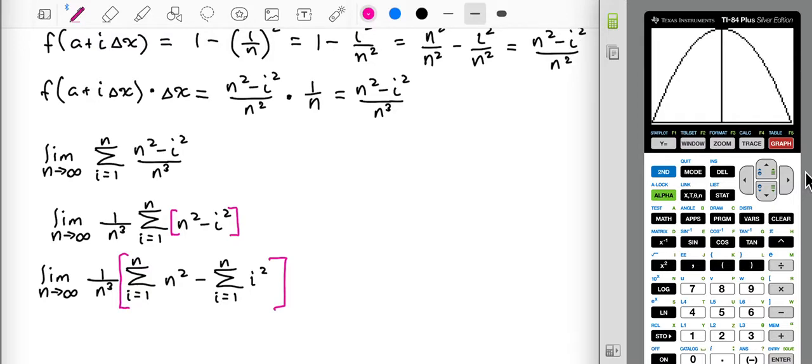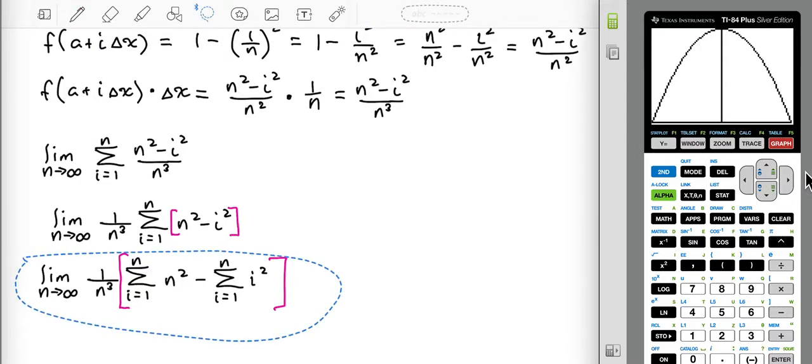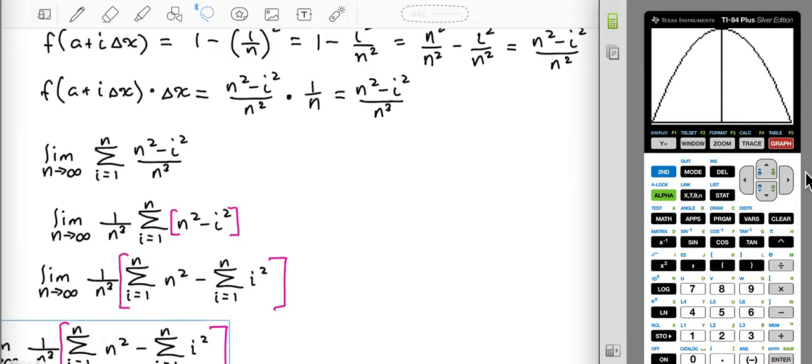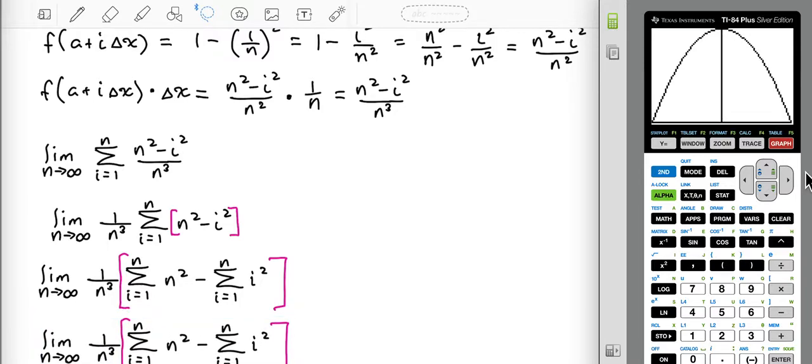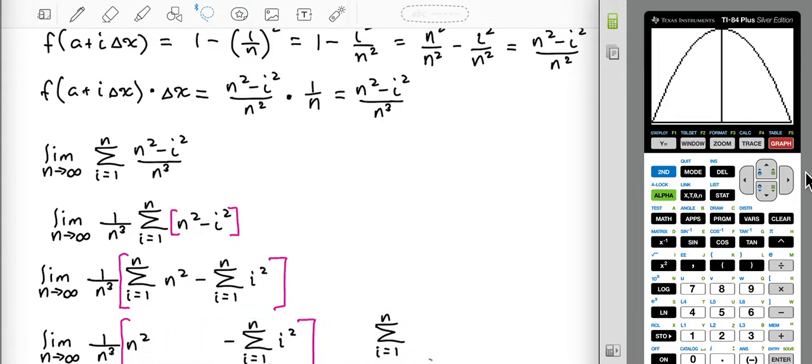Because that first summation doesn't have an i in it. That's great. So there's a lot of copying and pasting. Right, so in this case, it's just a matter of switching the order a little bit, because I'm just factoring that n squared out.